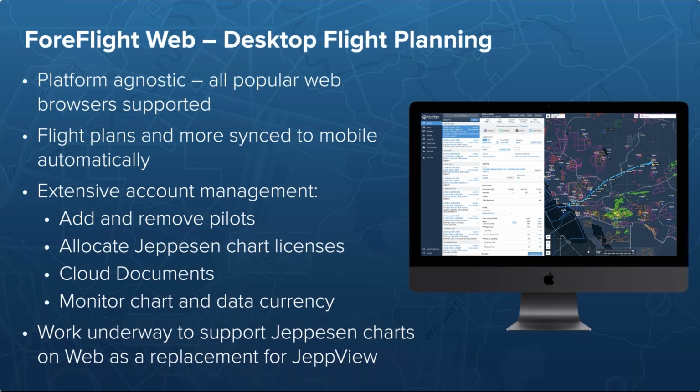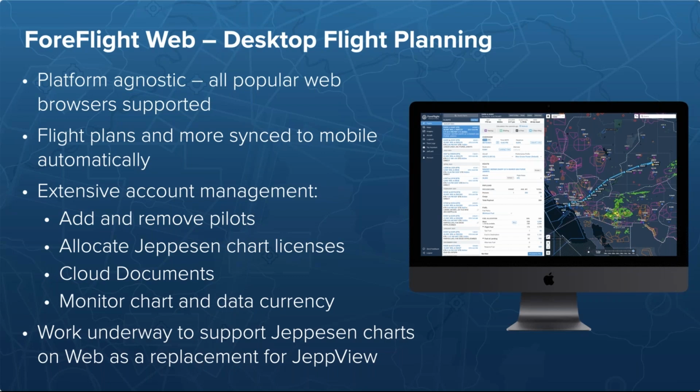But on the desktop version, again, there are flight plans, like I mentioned, that can be synced to your mobile device automatically. You can also add and remove pilots through this admin function. You can allocate Jeppesen chart licenses. Documents, whether they're company documents or any type of documents needed for your operation, can be added.